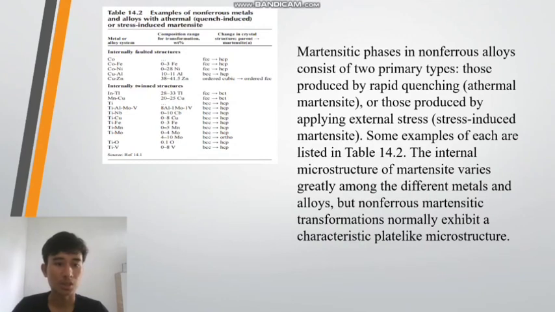Some examples of each are listed in table 14.2. The internal microstructure of martensite varies greatly among the different metals and alloys, but non-ferrous martensitic transformations normally exhibit a characteristic plate-like microstructure.